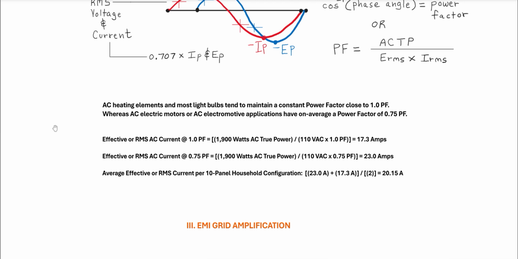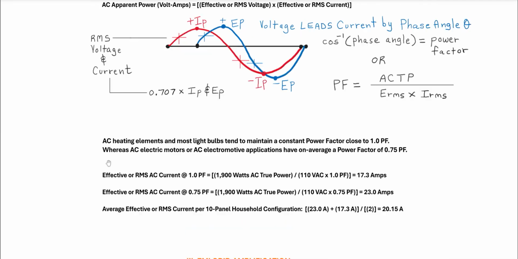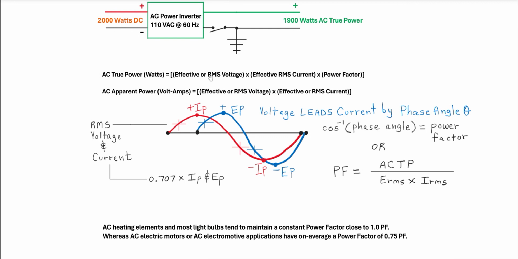So again, we're multiplying the effective voltage times the effective current times the power factor to get the actual true power output in watts. But if we only multiply the effective volts, AC RMS voltage times AC RMS current, we will only get volt-amps because we've excluded the power factor.